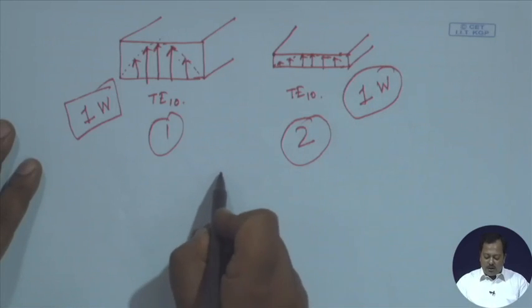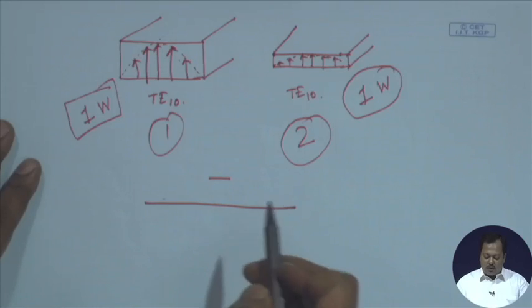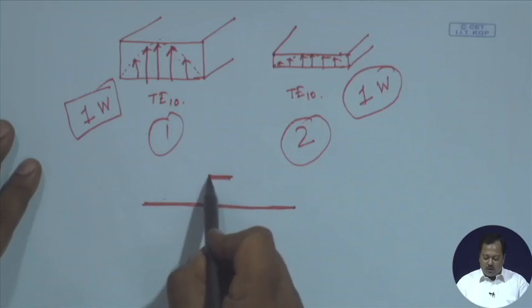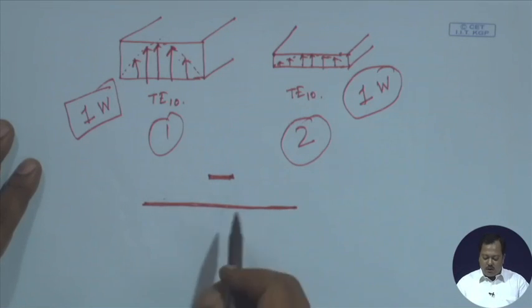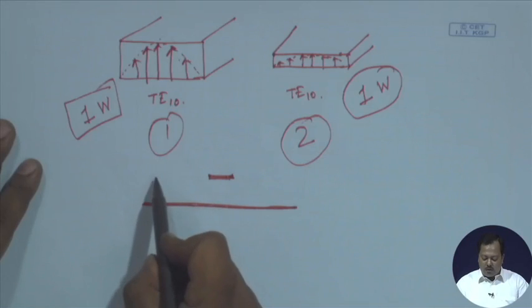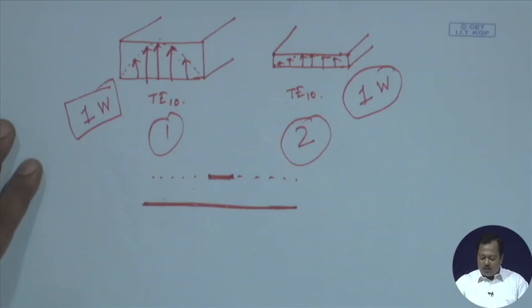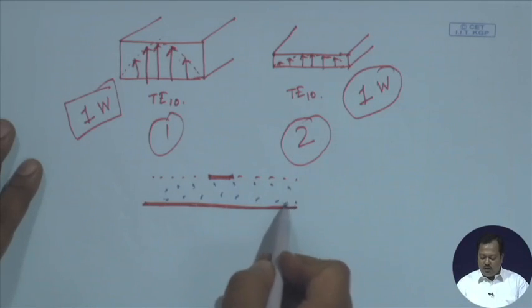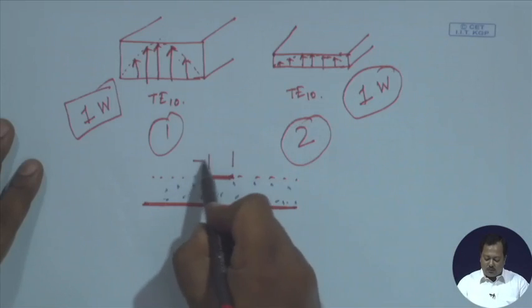If I consider a microstrip line, for example, this is a cross sectional view of a microstrip line. This is the top metallic strip and this is the bottom metal, which we call the ground, and in between we have dielectric material. In this case the strip width is much smaller compared to lambda g.